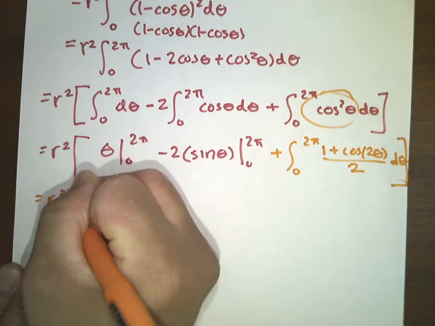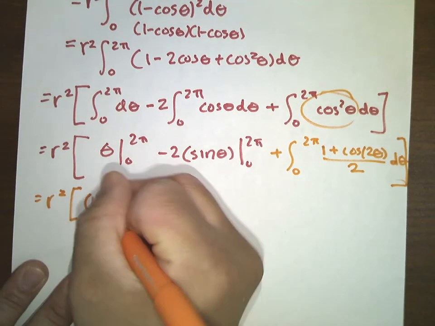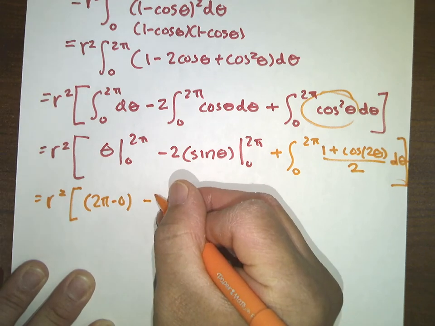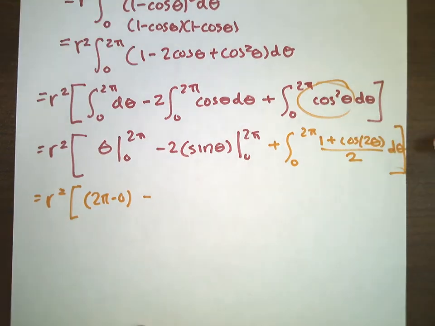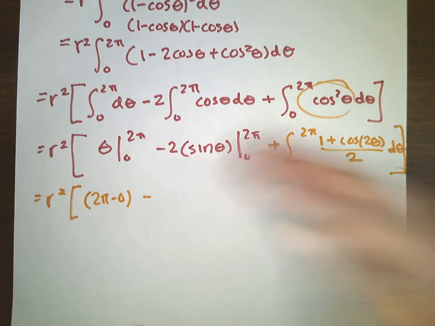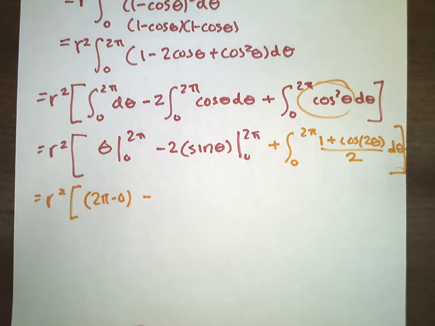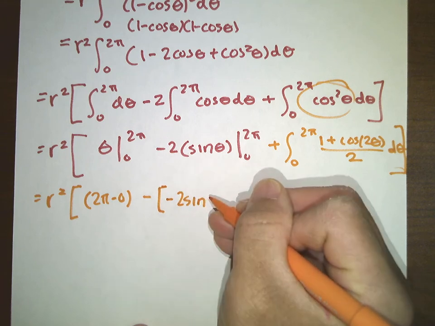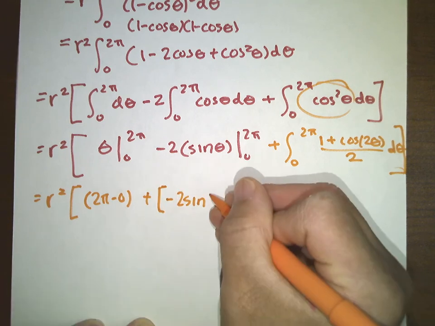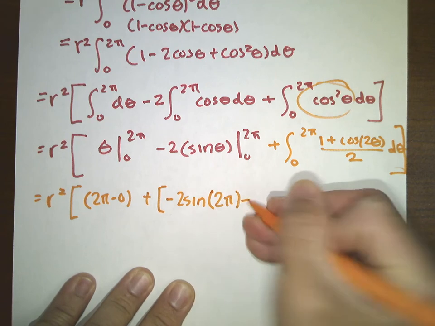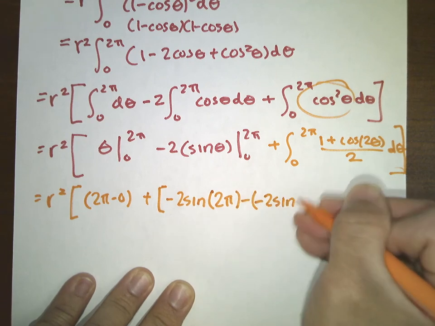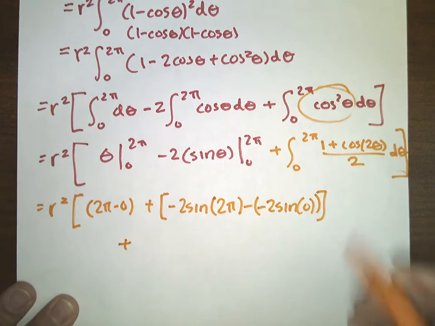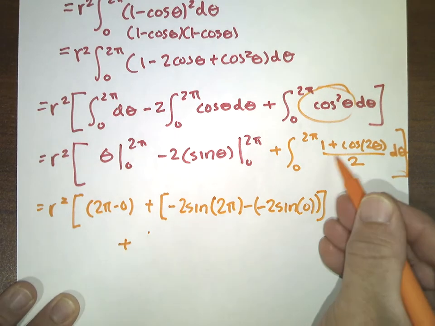This is r squared times 2 pi minus 0, plus 2 pi, then minus negative 2 sine of 0, and then plus the integral from 0 to 2 pi.